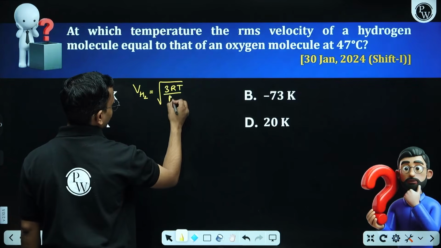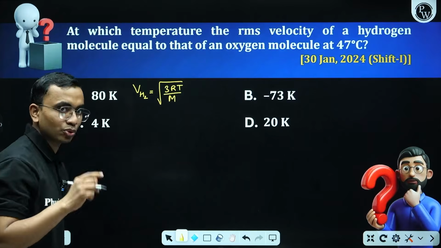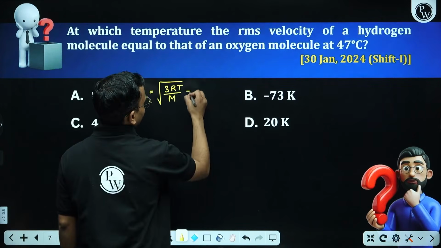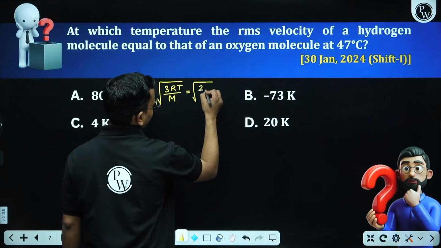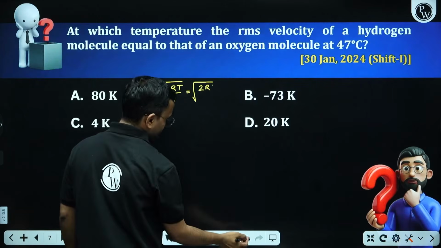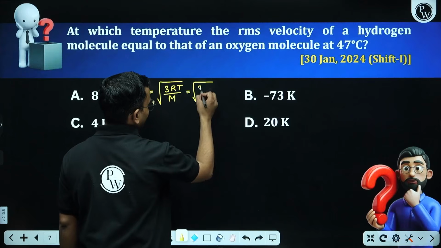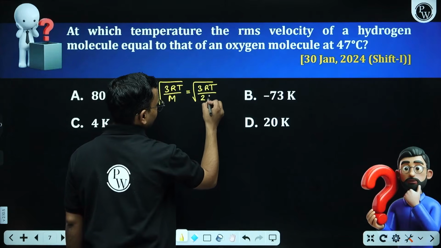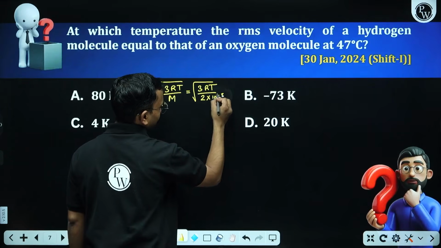So this is H2, so the molar mass is 2 grams. So it is root of 3RT divided by 2 grams. We convert that to SI like this.